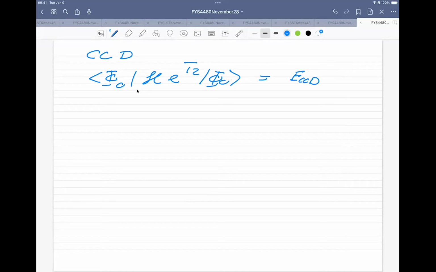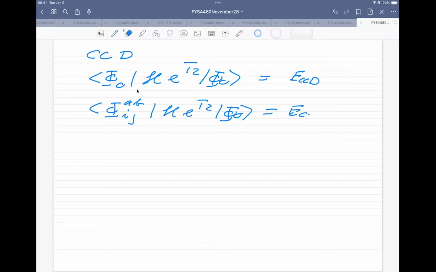first term. Then we had the other equation, which gave us the equation for the amplitudes, with the state phi_ij^AB, and then we had H e to the T2 phi 0, and we got that this one is equal to E_CCD, which is just a constant, multiplied with the state phi_ij^AB, and then e to the T2 multiplied with phi 0.